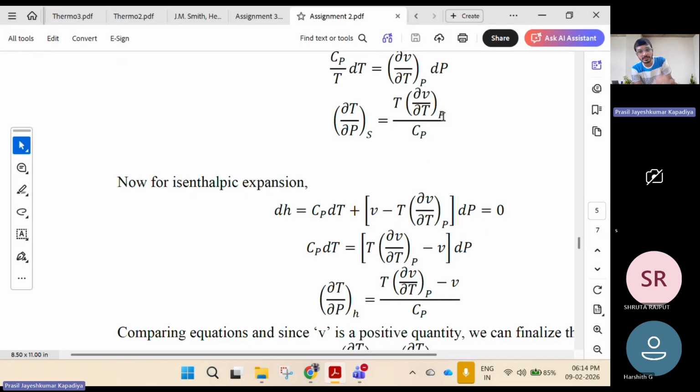At constant, so which one will be more? You see that this is just T del V del T at constant pressure by Cp, and this is T del V del T at constant pressure by Cp minus V by Cp. So the same term is reduced by minus V by Cp. So that's why this is more. This quantity is going to be more than this.